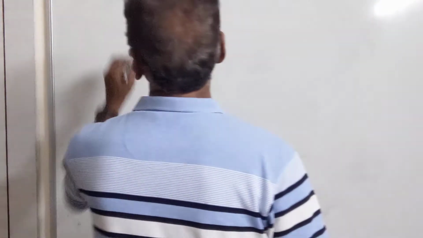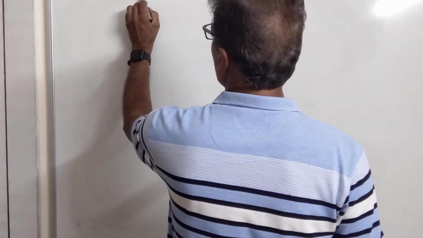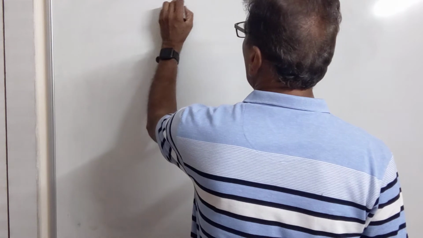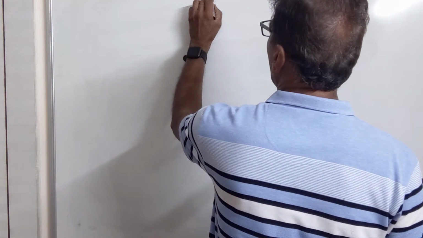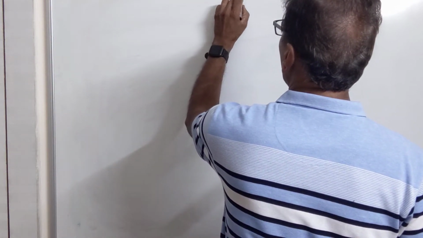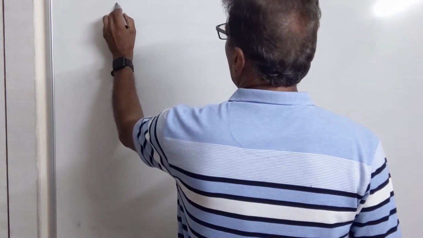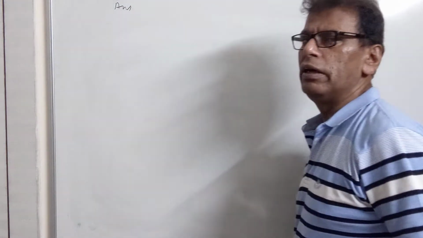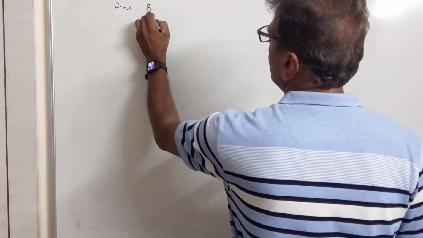So what kind of packing do we know? We'll briefly describe the packing in solids. Question number 11, discuss packing in solids. So basically packing is of two types.